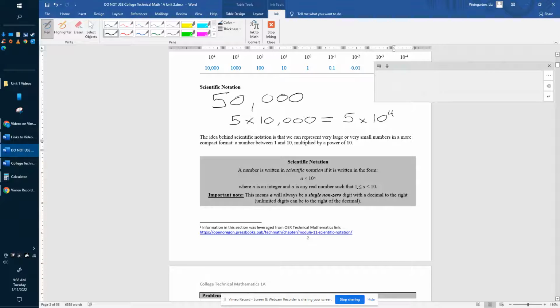So we could have 1 times 10 to the 4th, and that would be the scientific notation of 10,000. We could have 9.99999 as long as there are a finite number of 9s, and it would still be less than 10. So the digit at the very beginning simply has to be greater than or equal to 1 and strictly less than 10.